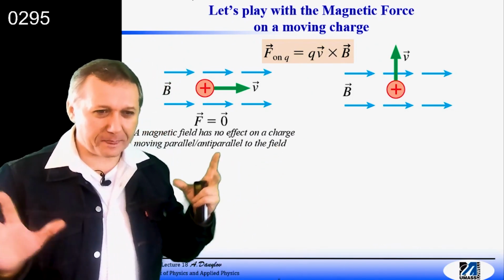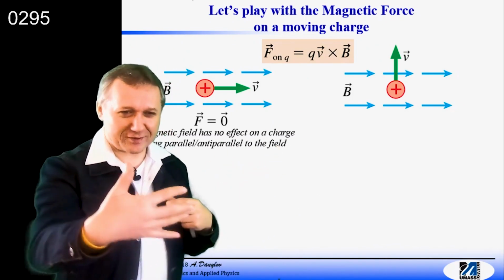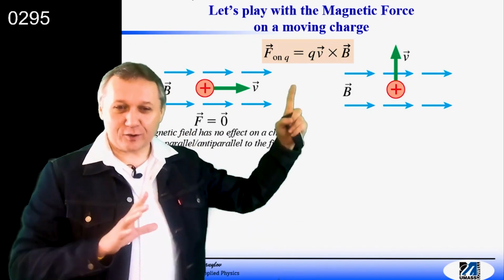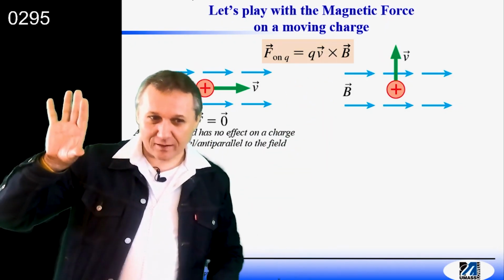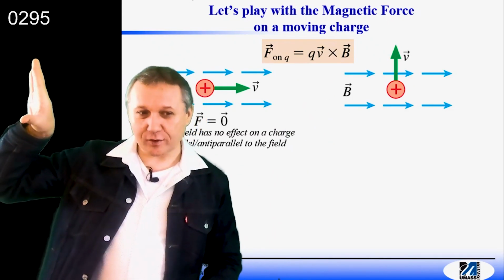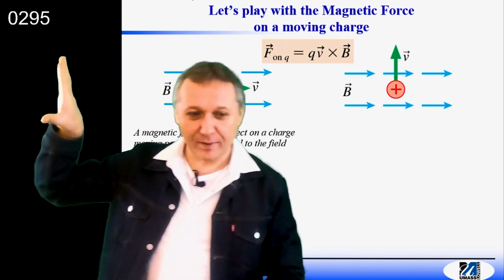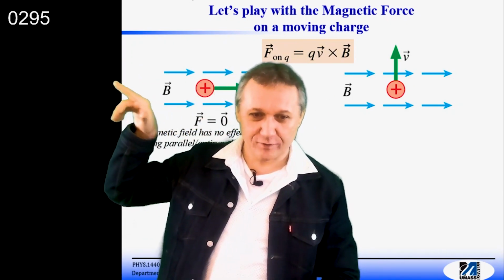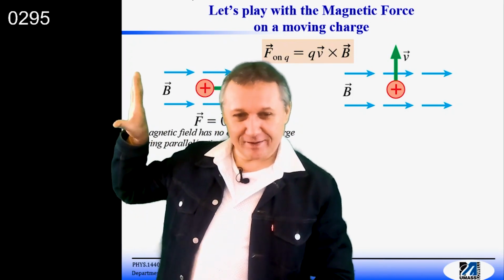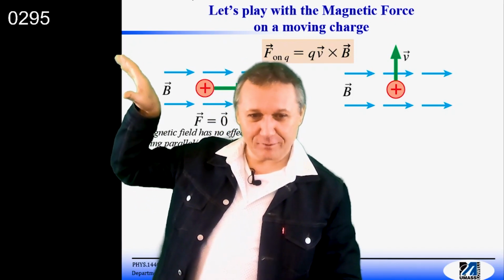Again, I'm confused about directions because on the screen everything is flipped. You first need to align your hand along the direction of the velocity, and then orient it so that you can bend your fingers in the direction of the magnetic field lines. In this case, it will be V cross B.